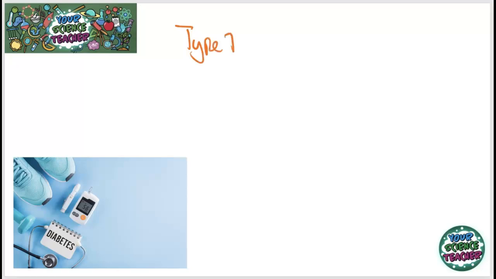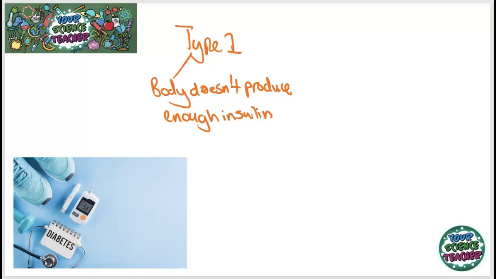What happens in type 1 diabetes is your body doesn't produce enough insulin. Because your body doesn't produce enough insulin, how we treat it is we usually give type 1 diabetes sufferers insulin injections.